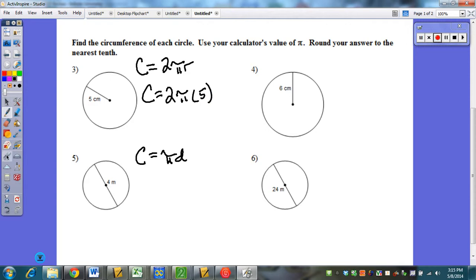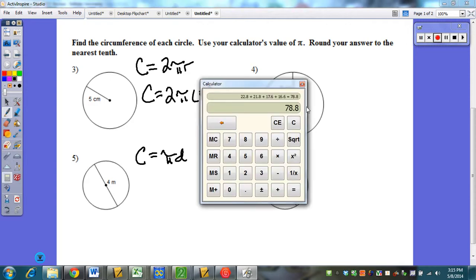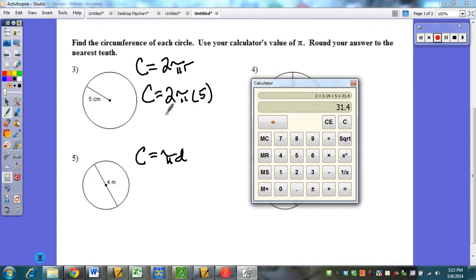So if we were to put this into a calculator, we have 2 times 3.14 times 5, and that's going to give us a value of 31.4. Okay.